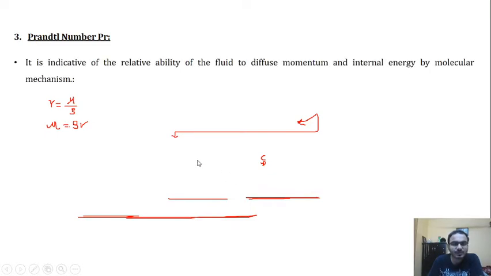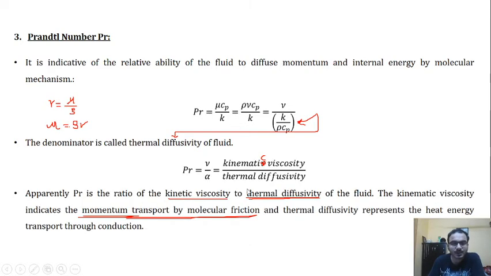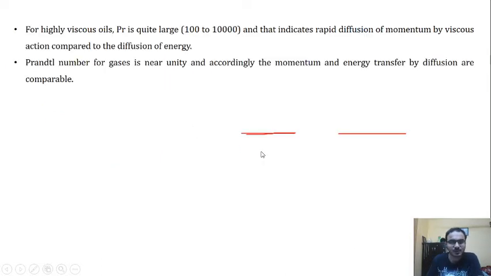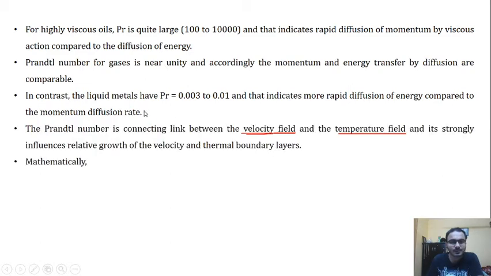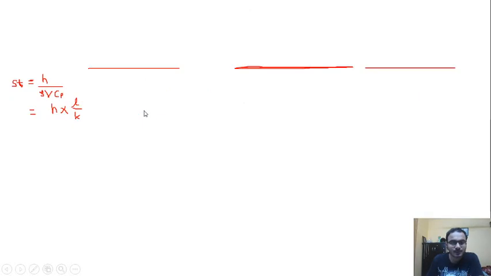Then we have Prandtl number. It is indicative of the relative ability of fluid to diffuse momentum and internal energy by molecular mechanism. So this is the formula, mu Cp by K, and it is nothing but the ratio of kinematic viscosity to thermal diffusivity. Then the next number was Stanton number.